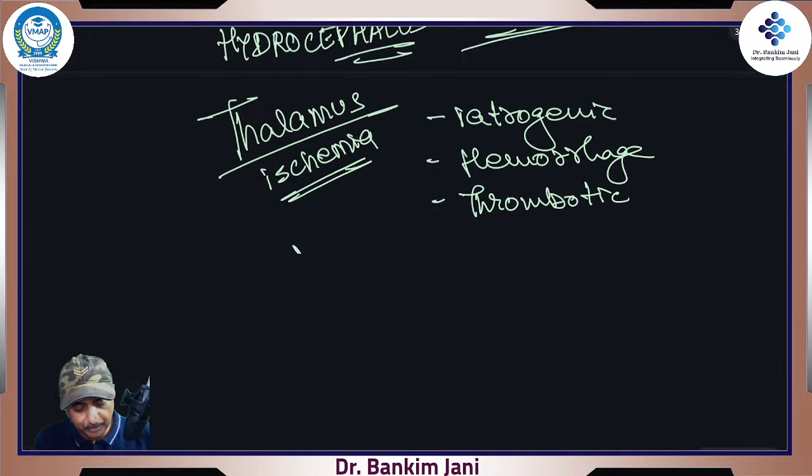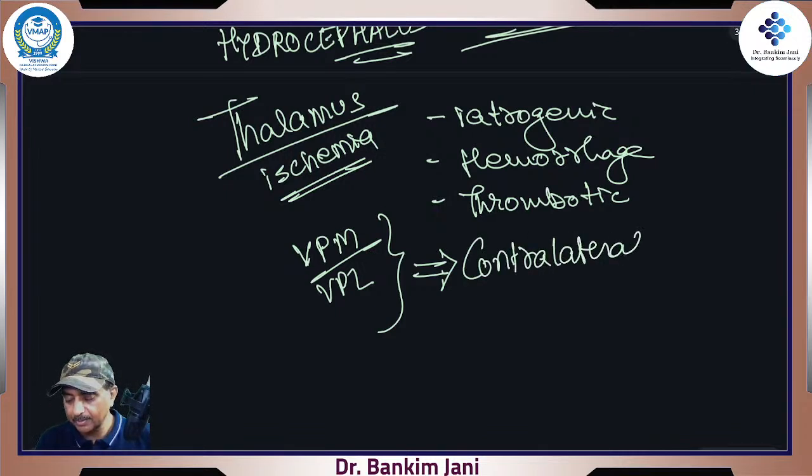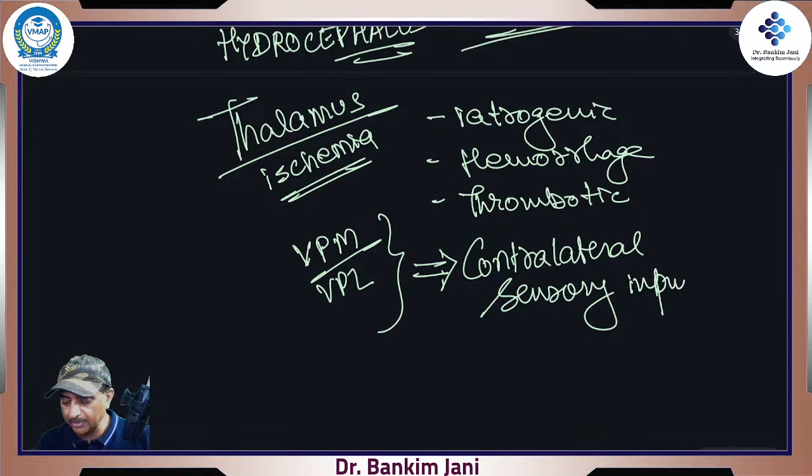When there is involvement of the ventroposterior medial and ventroposterior lateral, primary somatosensory, there would be contralateral, that is opposite side, sensory input that is affected or even lost.